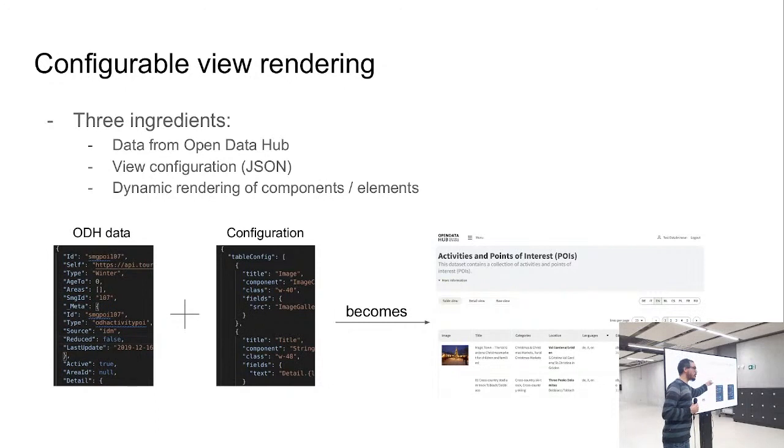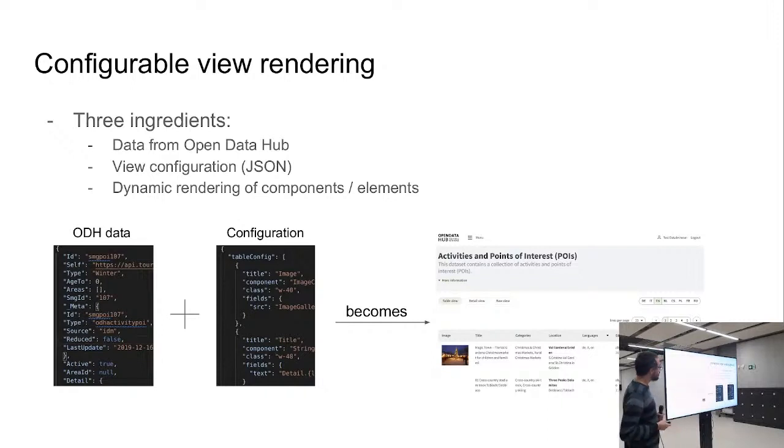So if you use the configuration and say, okay, I want to render it, for example, with an image component, here it's cut off, then you get to this one. So data, configuration, visualization, and this can be either hard-coded or built on the fly or modified by the user, so it's quite flexible.